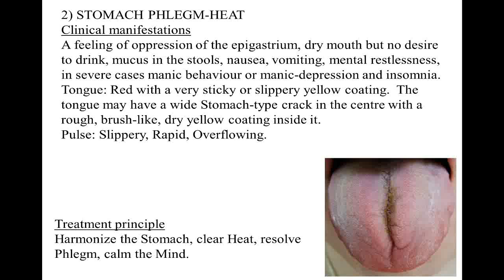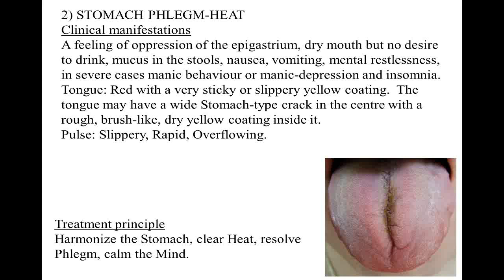Another pattern is phlegm heat in the stomach. This will be a more complex pattern. The one we just described, liver qi invading the stomach, is a fairly simple situation of qi stagnation of the liver from emotional problems affecting the stomach. This would be a more chronic condition.